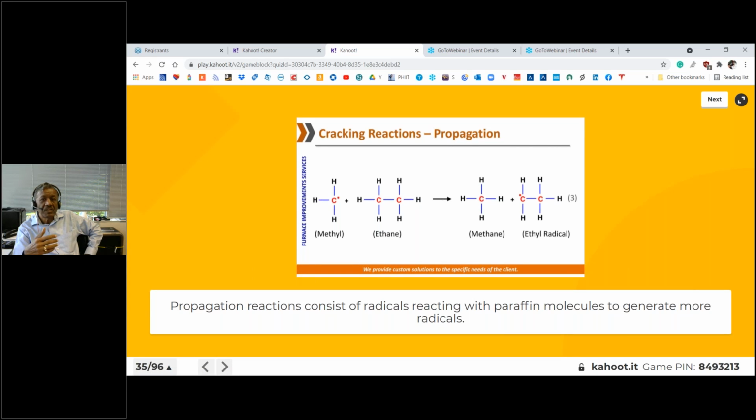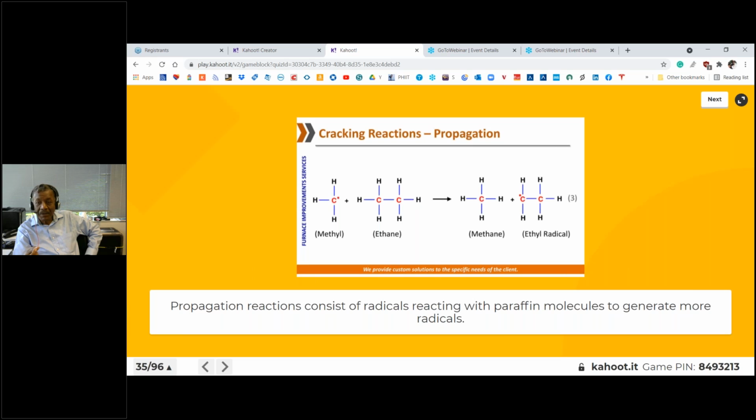So now we call it a propagation reaction. That is the second step. And here the methyl radical, CH3, reacts with ethane, C2H6, to form methane and ethyl radical. So you can see one reaction which is taking place. There are several reactions taking place. So propagation reaction consists of radicals reacting with paraffin molecules to generate more radicals.